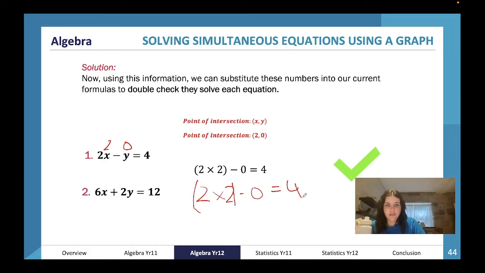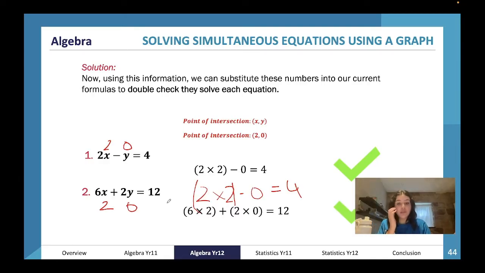Is that true? Yes. The next one, 6x, which is now 2, plus 2y, which is 0, equals 12. Is that true? Yes. So we've substituted our point of intersection of the two lines, which is where the lines are solved, into our original equations that we didn't change into y equals mx plus b. We've substituted in x is 2, y is 0, and the equations still work.